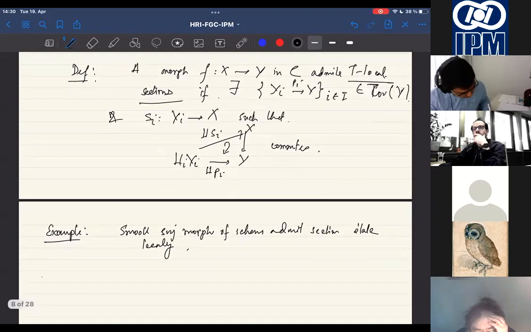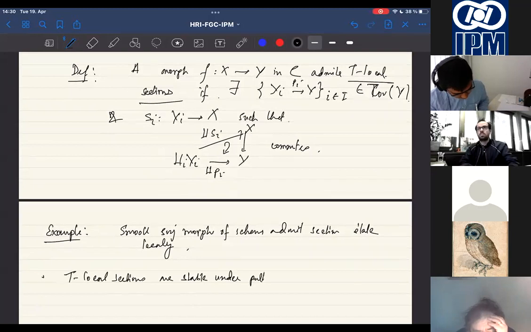And one can see that these τ local sections are stable under pullbacks and compositions.